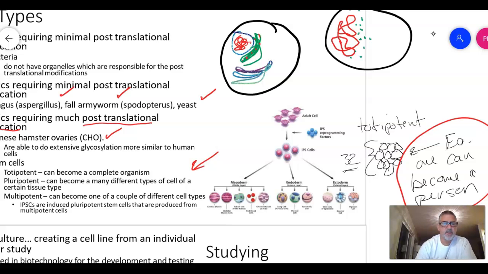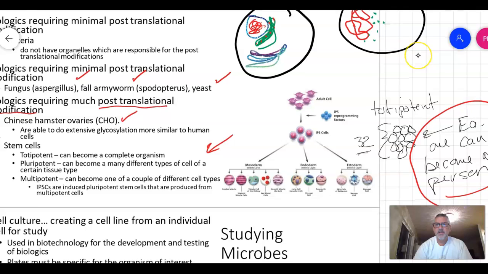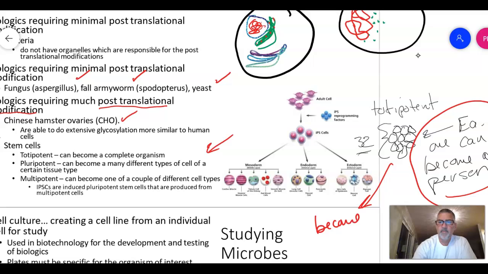So any one of these, it can become. So pluripotent cells are important too. Once I pass this 32 stage, once I get to 64 cells and older, these become pluripotent cells.